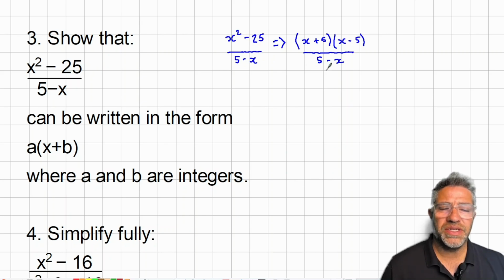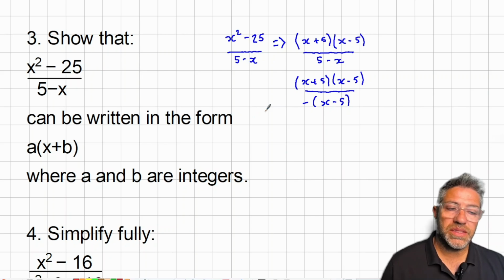Now on this occasion, it isn't straight away clear if we can cancel anything out. Nothing looks the same. However, this could be rewritten. We have x plus 5 in brackets and x minus 5 in brackets. But this denominator could be rewritten as the negative of x minus 5 in brackets. And it's at this stage we can look to simplify.